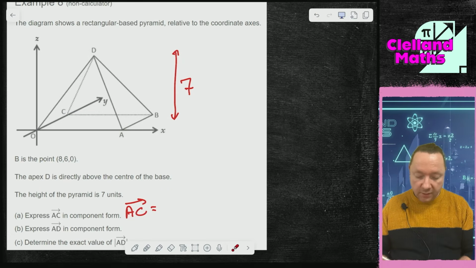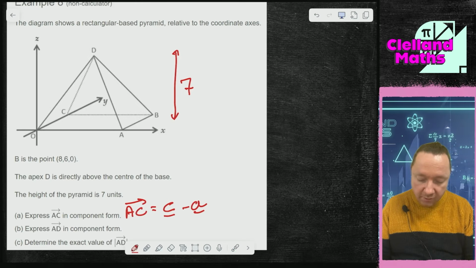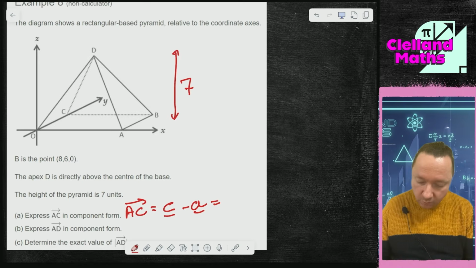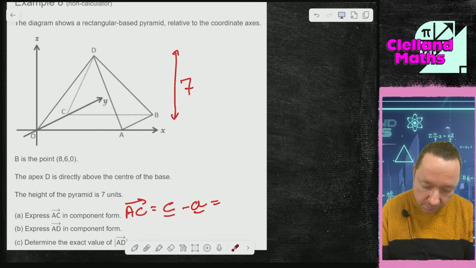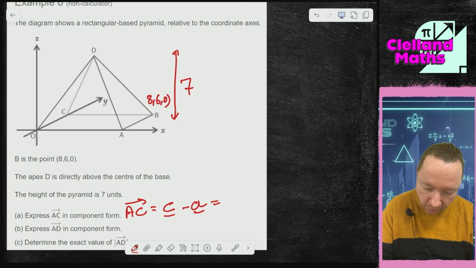But the other way to remember is that A to C is just the position vector C minus A. So if I know C and I know A, I can do it. Now, how do we know C? Well, what's the point B? Point B is 8, 6, 0. So we can take a note of that. That's 8, 6, and 0.